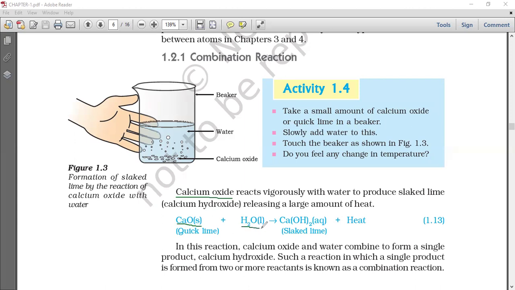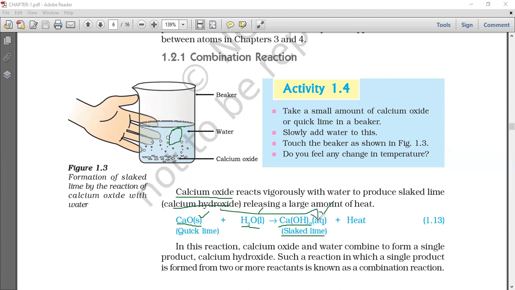When we are adding water, water will be in liquid state and calcium oxide in solid state, which is mentioned in the brackets. Then what will you get? This paste is called calcium hydroxide, and since it is dissolved in water, we write it as aqueous.